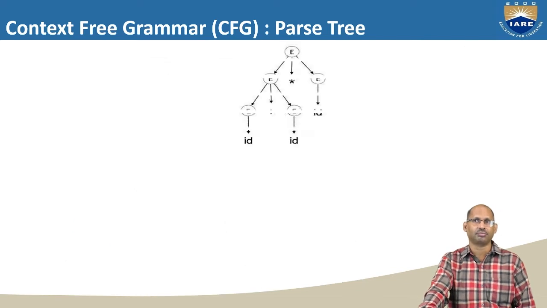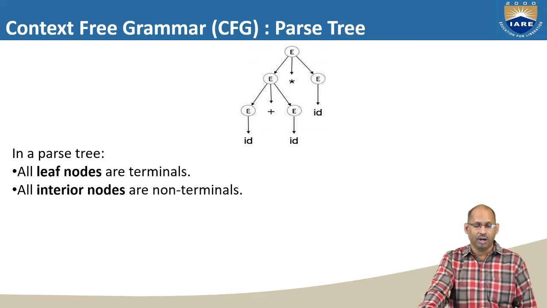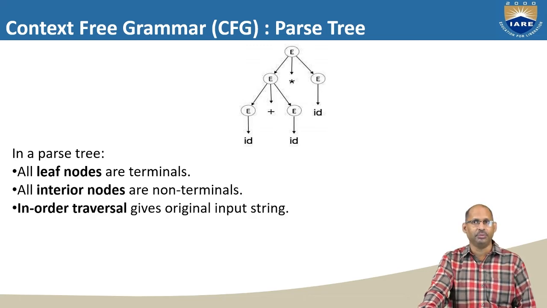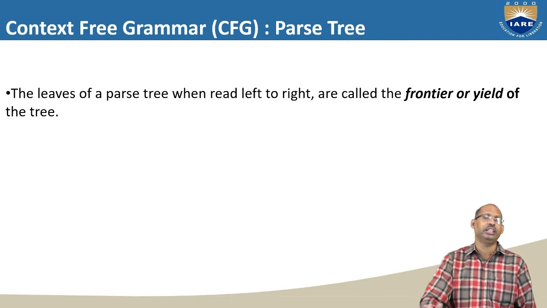Right? So same thing. In a parse tree, all the leaf nodes are terminals. All interior nodes are non-terminals. In-order traversal gives the original input string, meaning grouping from left to right. Grouping the leaves from left to right gives the yield of the tree.